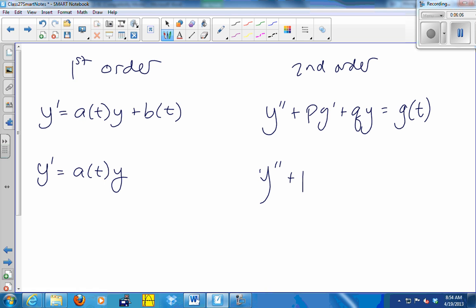Y double prime plus p y prime plus q y equals 0. So they're similar. Here I had everything on the right except for the derivative, and here everything's on the left except for the function in t.